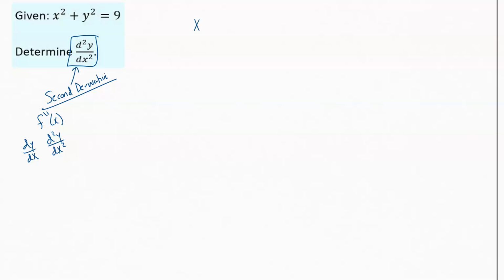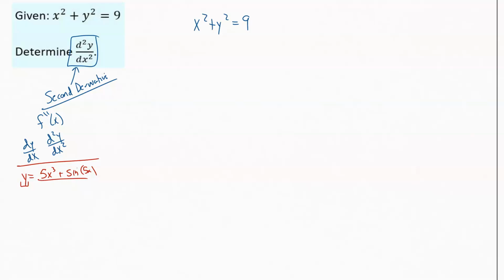When we look at this equation, x squared plus y squared equals 9, what we're going to notice is that we have x's and y's sort of what I call commingling. We've got them all mixed around in this problem, and there's no way to separate this thing out, right? Up to this point in this class, you've seen a lot of equations that are y equals some crazy stuff over here, where the y was on one side, the x's were on the other, and we found the derivative of that using our standard methods.